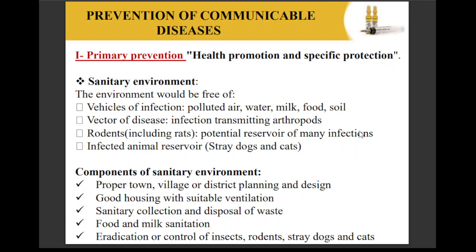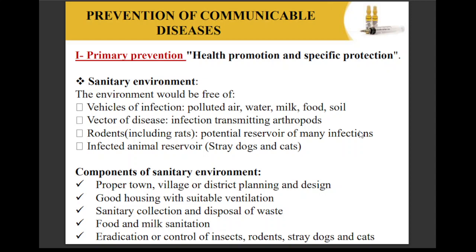Next is the vector of disease. So whether it is arthropod borne, say malaria or mosquito borne infections, the vectors should be in minimal numbers or their entry should be restricted. Then rodents, including rats, are potential reservoirs of many infectious diseases, and they can be controlled. Likewise, the cockroaches and all.